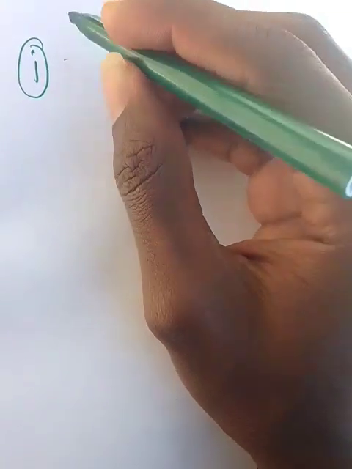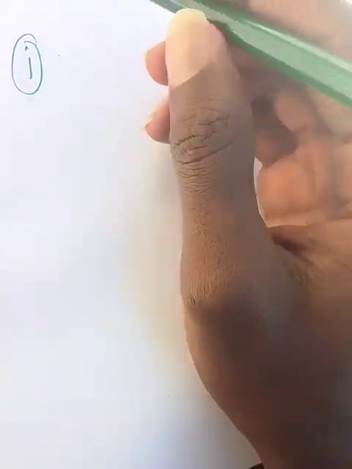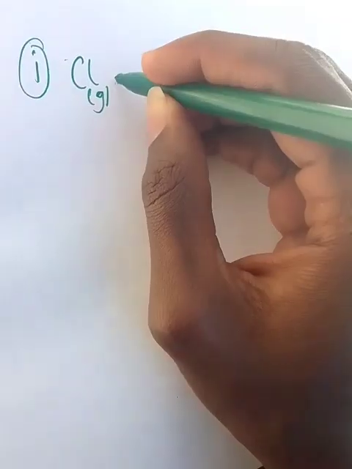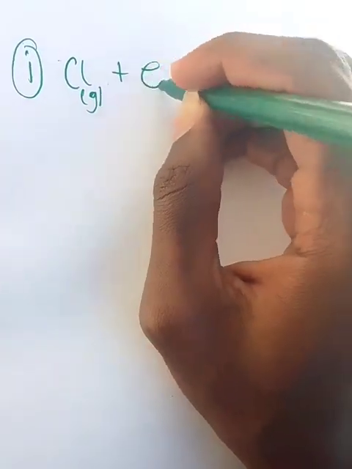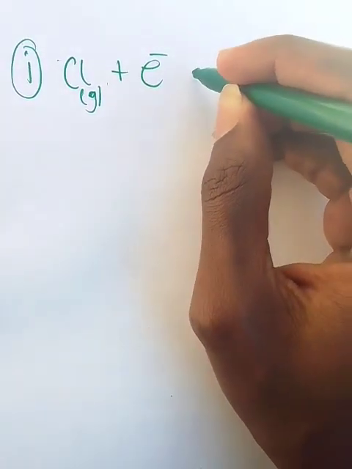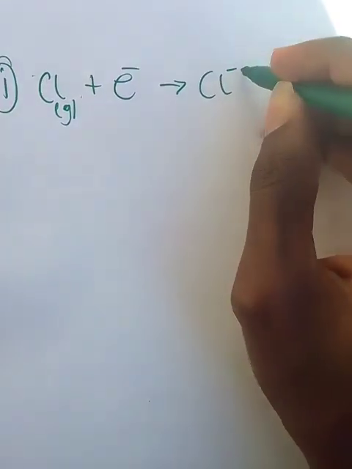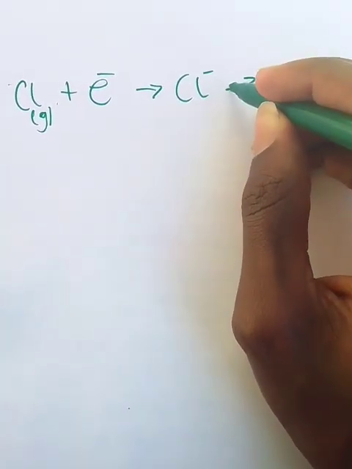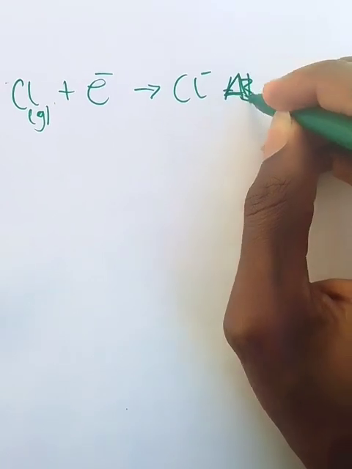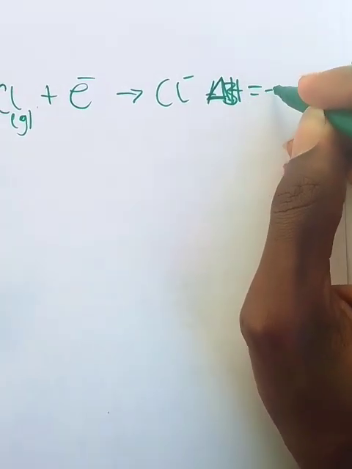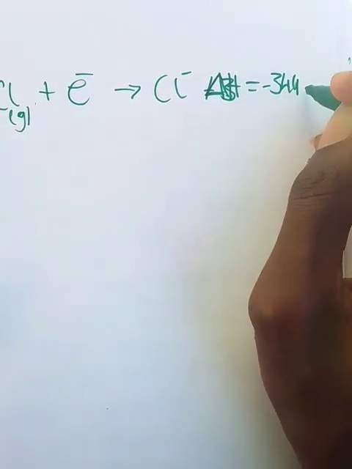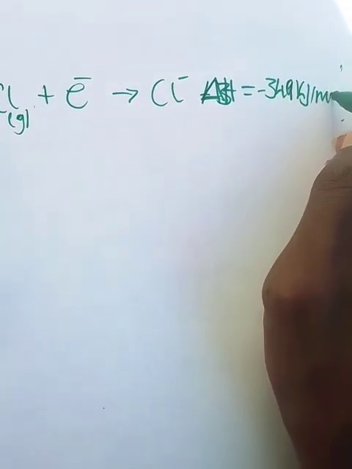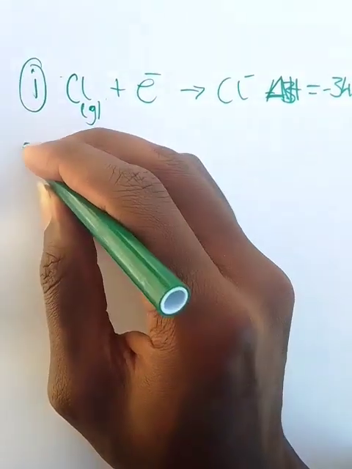In this case, they have given us the electron affinity for chlorine, so I'm going to write Cl, gaseous, plus e, meaning that it has gained an electron, and the energy is negative 349 kilojoules per mole.